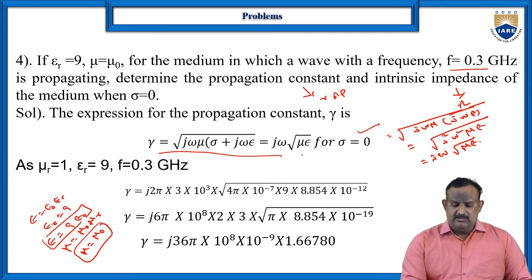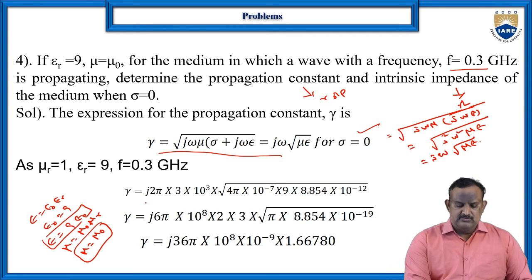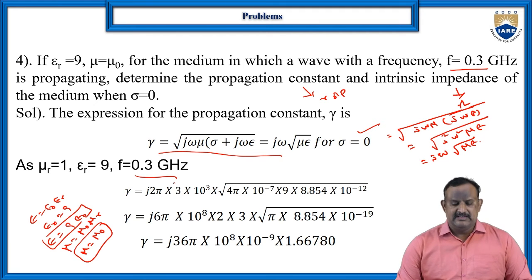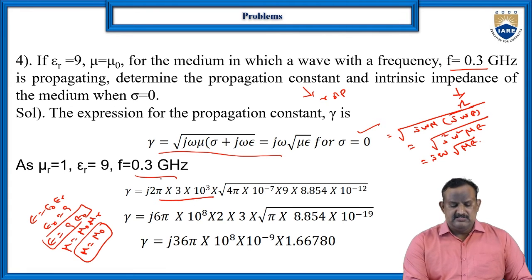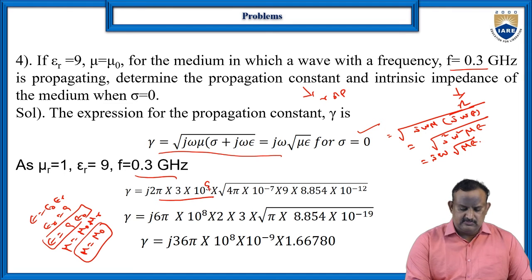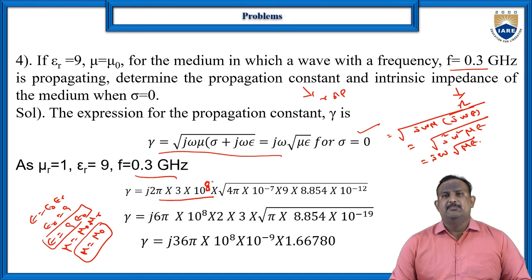Therefore, if you substitute in the same formula, gamma is equal to j omega, where frequency is 0.3 gigahertz. Omega is nothing but 2 pi f. So, it is j into 2 pi into 0.3 gigahertz, which means 3 into 10 power 8, into root of mu epsilon.